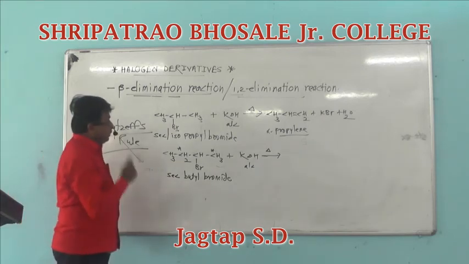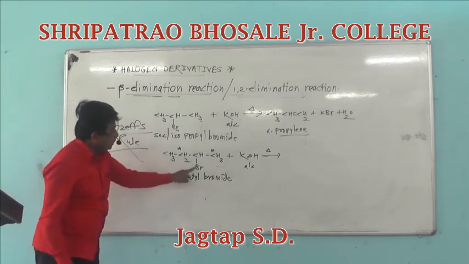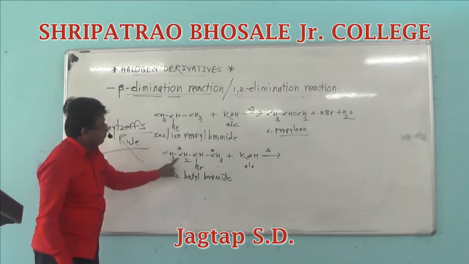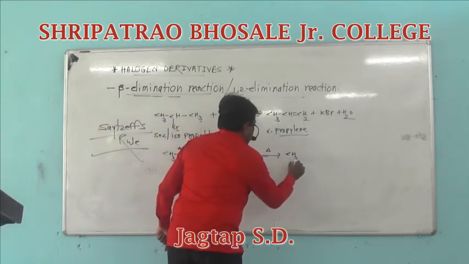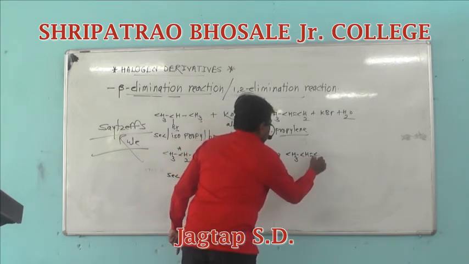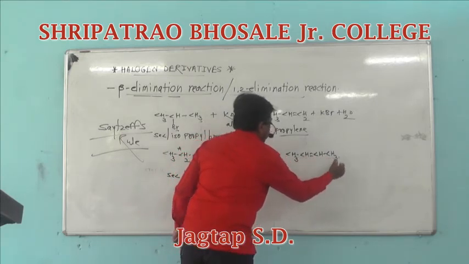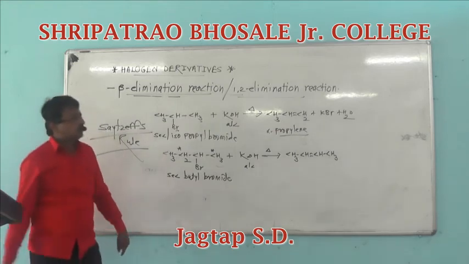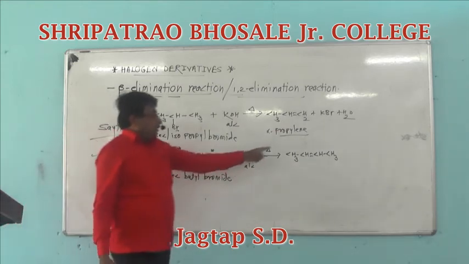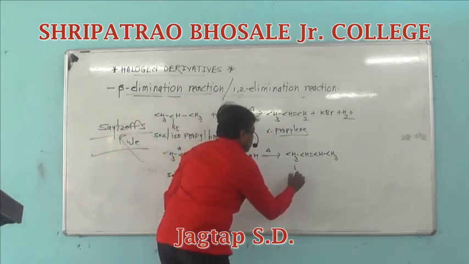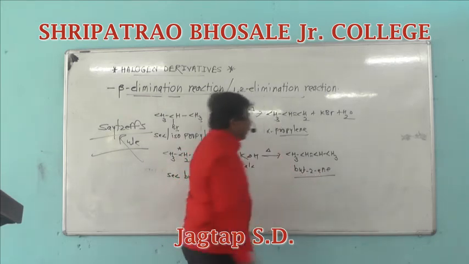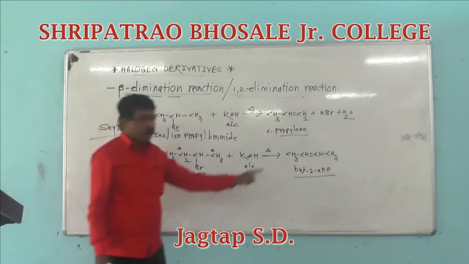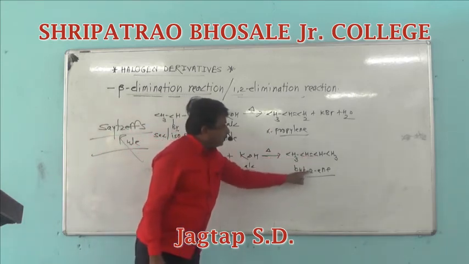First possibility, the removal of hydrogen halide takes place from secondary carbon to give CH3, CH double bond CH, CH3, called as 2-butene. That is according to IUPAC system, it is named as 2-butene.